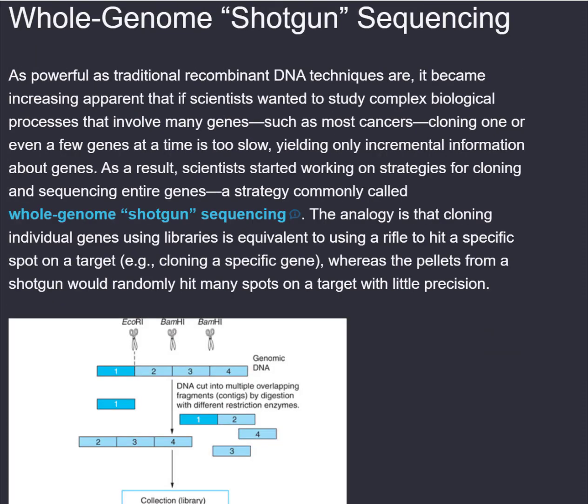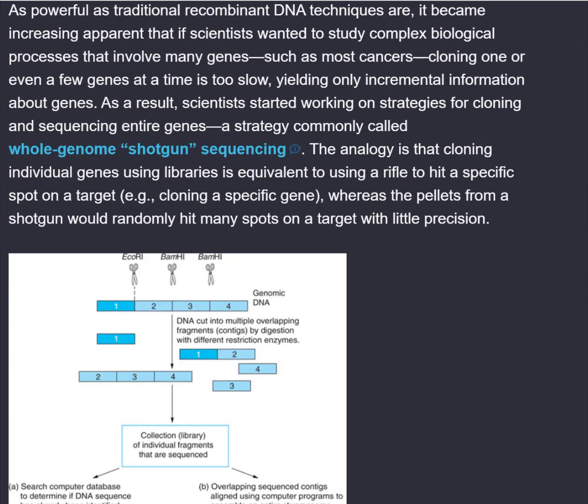Whole genome shotgun sequencing. As powerful as traditional recombinant DNA techniques are, it became increasingly apparent that if scientists wanted to study complex biological processes that involve many genes, such as most cancers, cloning one or even a few genes at a time is too slow, yielding only incremental information about genes.